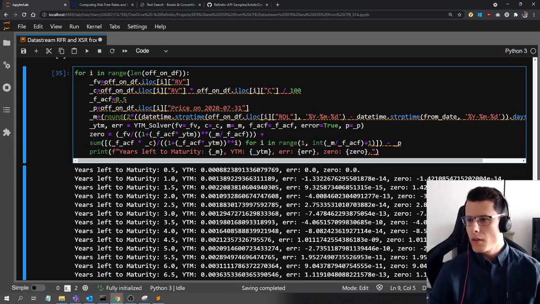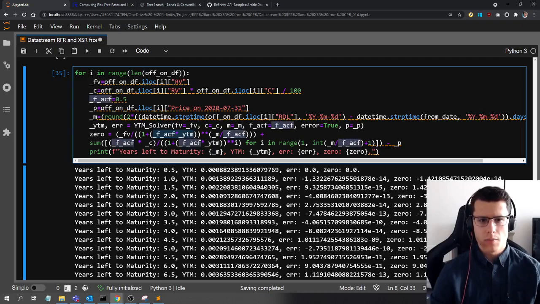So here I have my face value divided by all of this. Frequency, yes, that's correct. To the power of... No, that should be correct. The brackets seem correct.